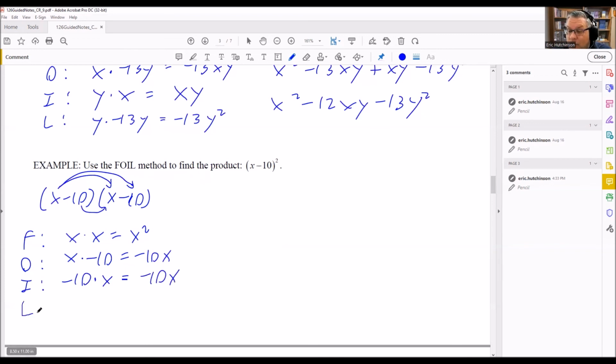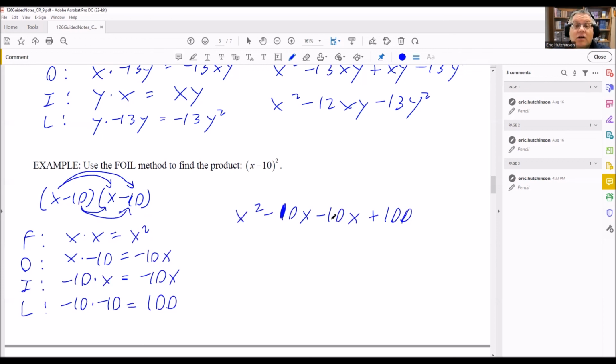And then the last thing we want to do is L, the last terms. That's going to be negative 10 times negative 10, which is going to be 100. If we go ahead and write all this out together, x squared minus 10x minus 10x plus 100. And then we're going to add these two middle terms, negative 10 and negative 10 is negative 20. And so that there would be your product by using FOIL.